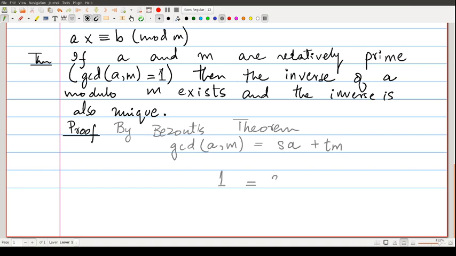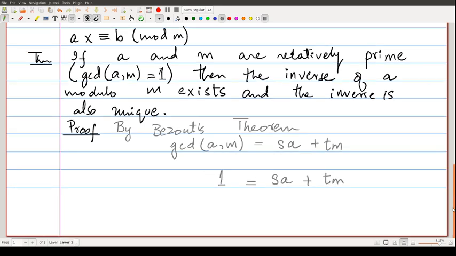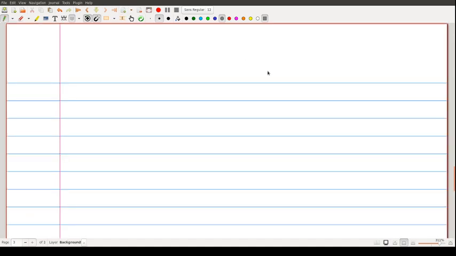So I can write it as SA plus TM. Now this is an algebraic equation, and I'm now going to convert it. So the equation that I have is 1 equals SA plus TM, and what I'm going to do is now convert it into mod M, right?